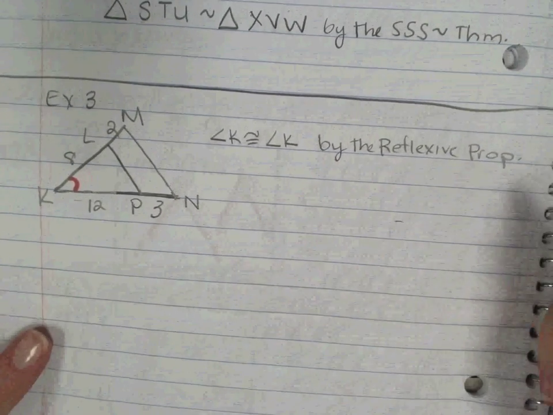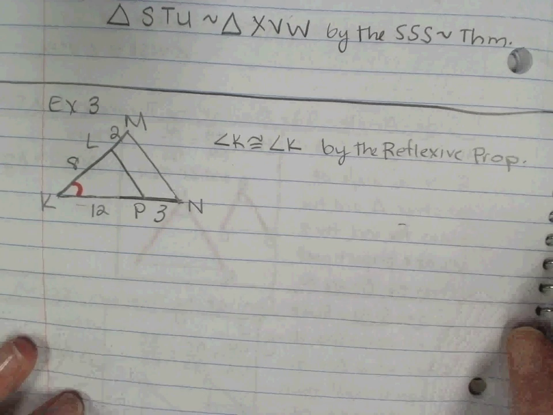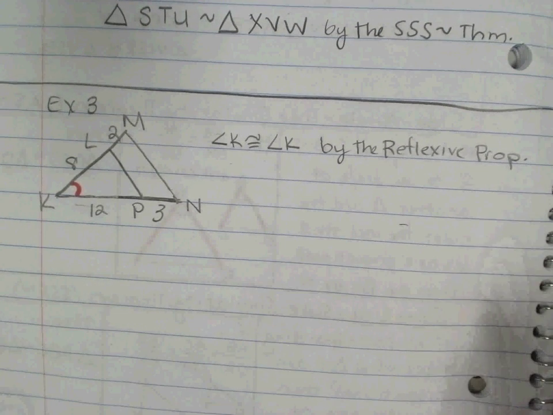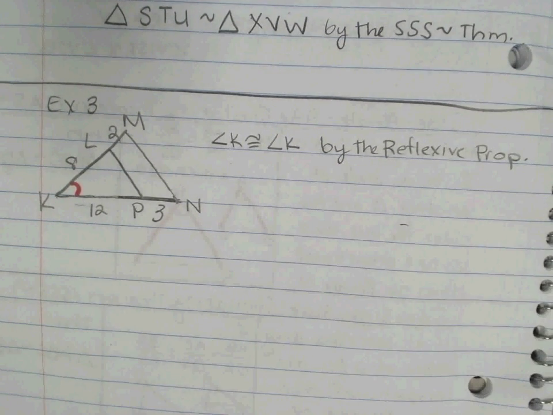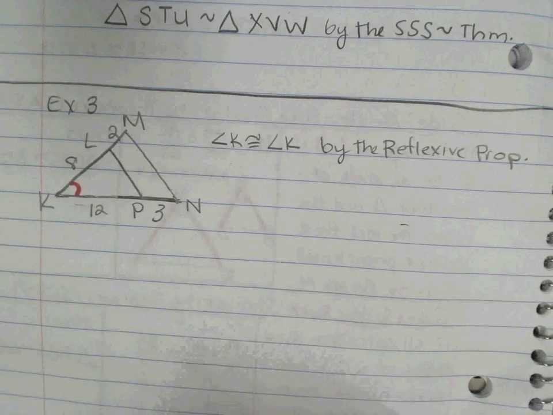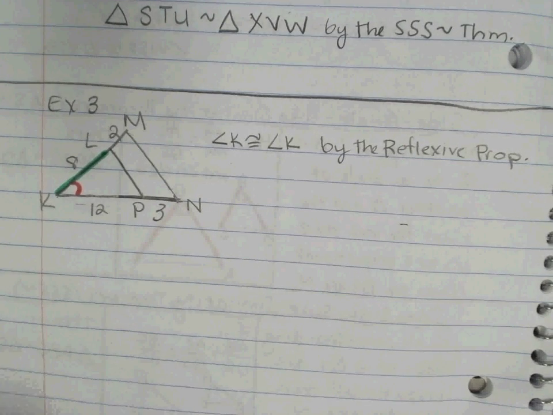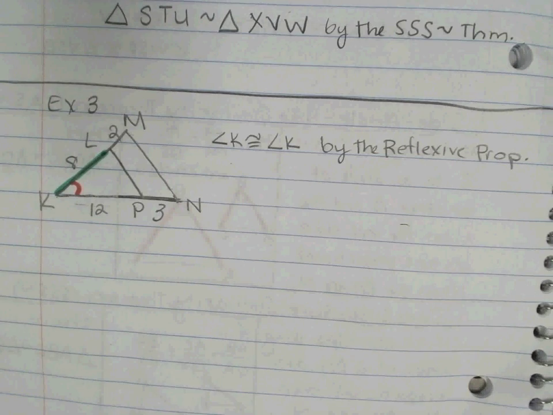Running out of room, I'll abbreviate property. So angle K is congruent to angle K by the reflexive property, and then we have some sides to look at. So they're on top of each other, so you have to really be careful. So we've got this side here, side KL, and then we've got side KM.